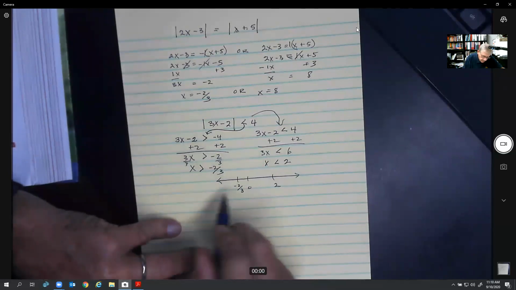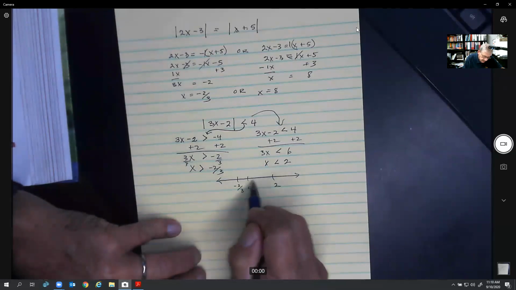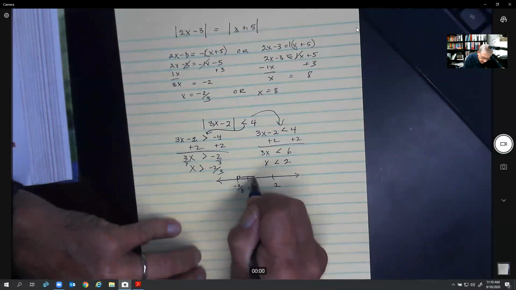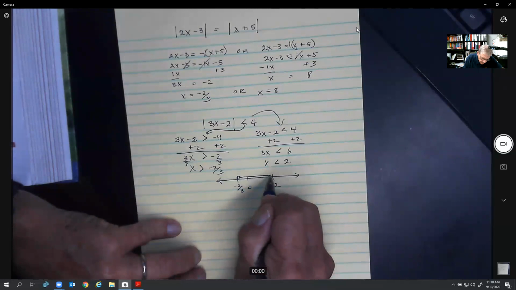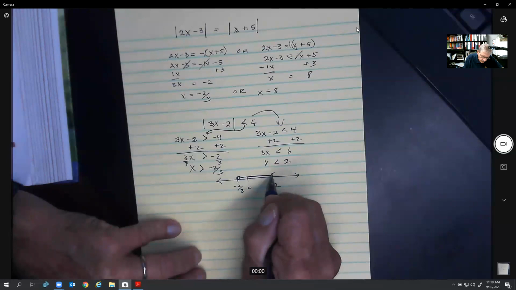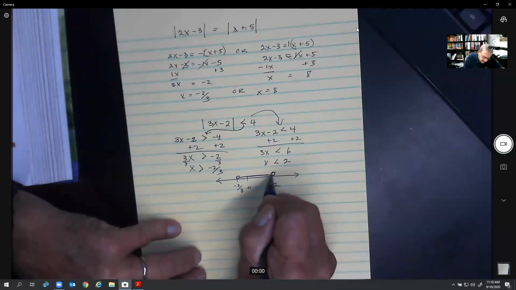It's going to be an open circle here, and it's going this way. But when it hits 2, or gets very close to 2, it says it has to be less than 2. It's greater than this, and it's less than 2.